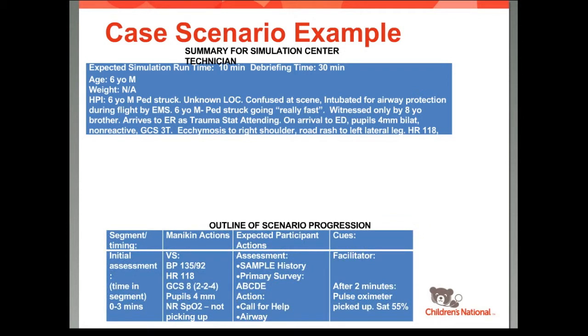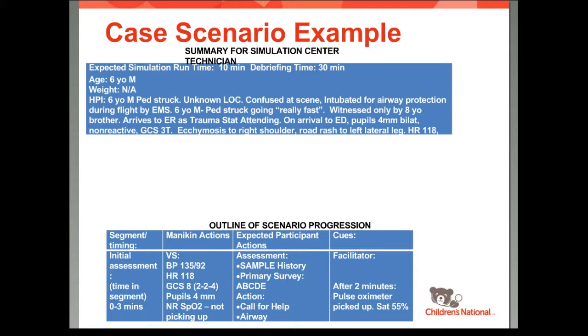Another important part will be the outline of the scenario progression, where you're going to basically provide in a systematic format what the different states will be in terms of timing, the mannequin, what the participants will do, and maybe what the facilitator will be doing.